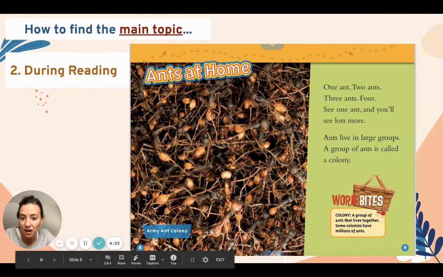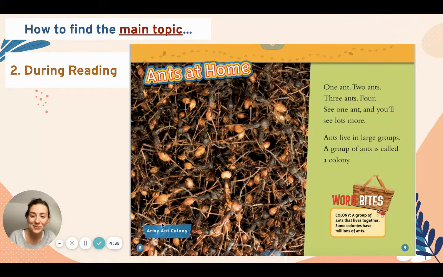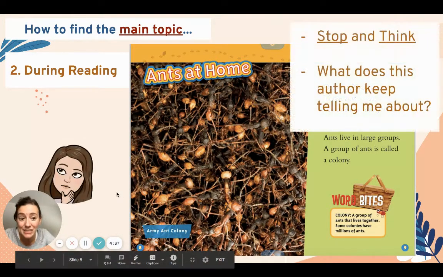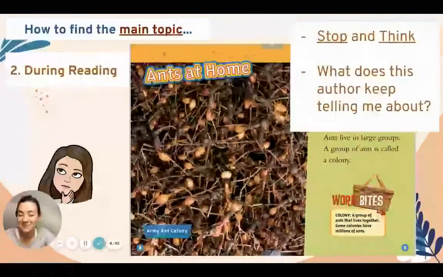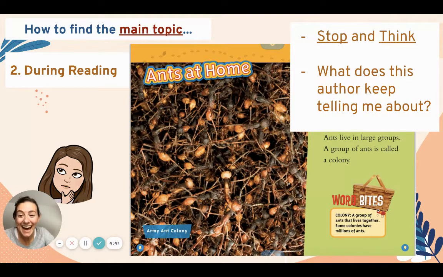Army ant colony. So cool. So friends, time to stop and think. What does the author keep telling us about? What do you think? Let's hear it. Yeah, this author is continuing to teach us about ants by telling us how ants live together in a colony.